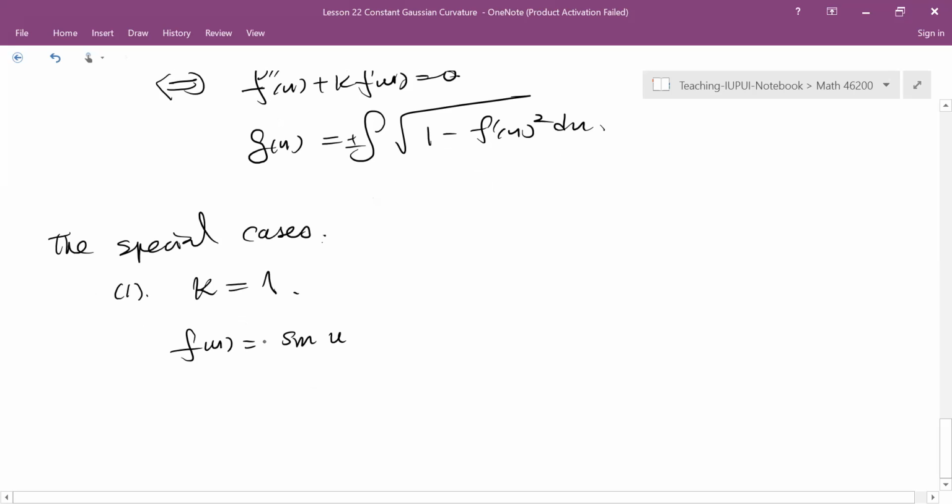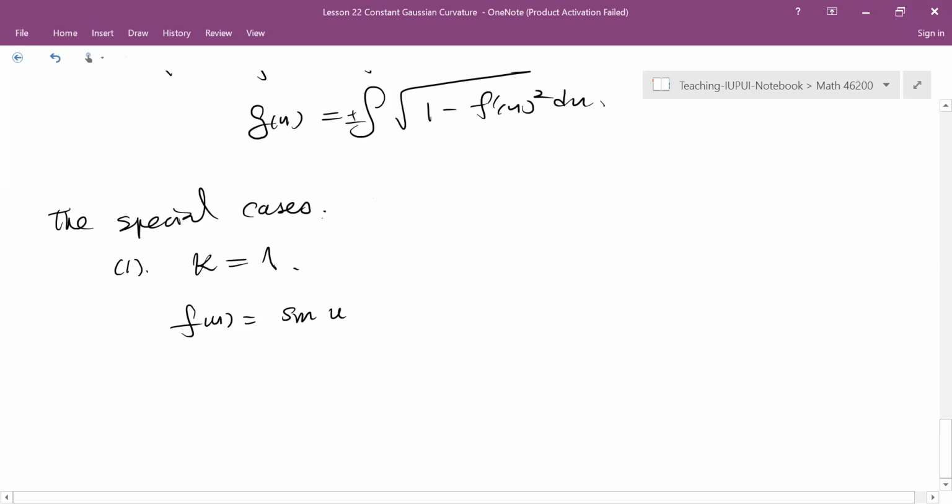The general solution would be some number times sine of u plus theta, but I can choose this special one. And this is indeed a solution.